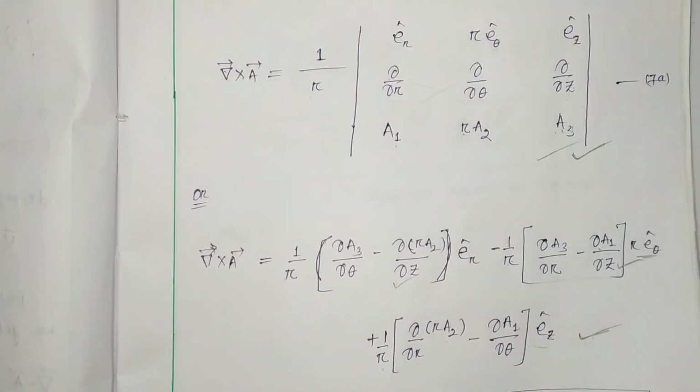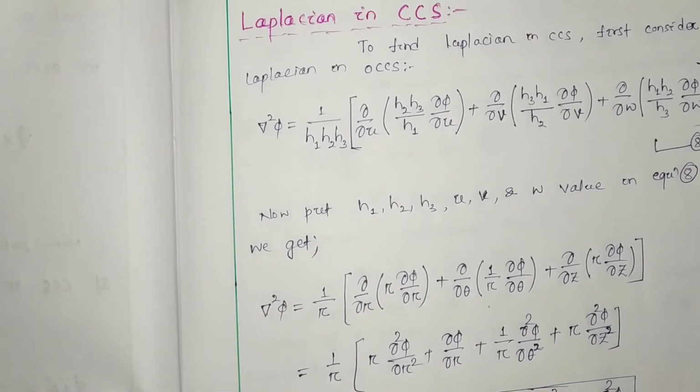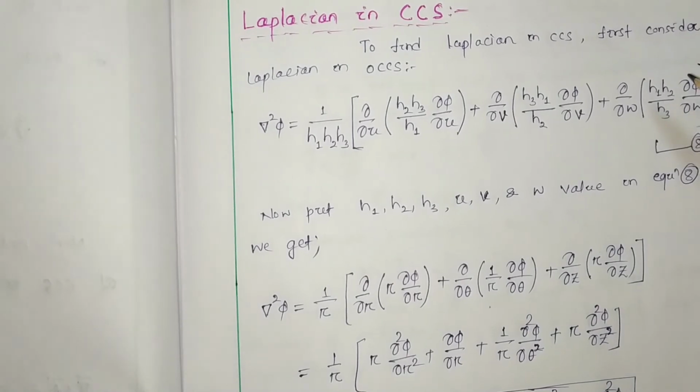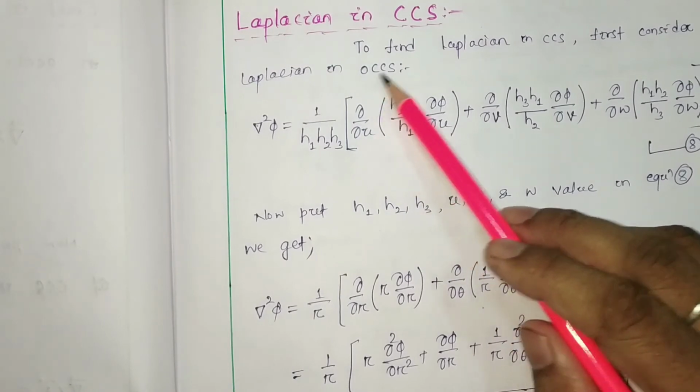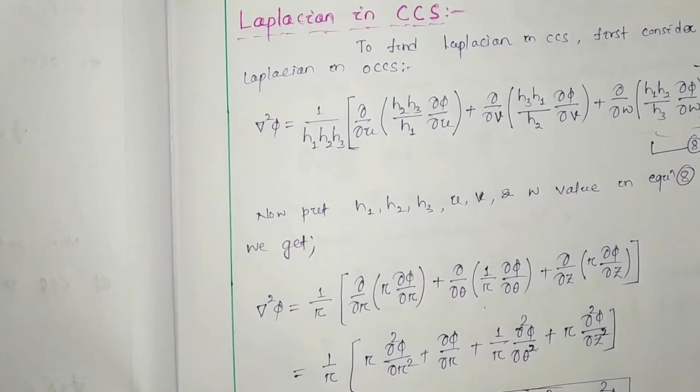Now we are going for the Laplacian in cylindrical coordinate system. To find it, first we consider the Laplacian of a scalar function phi in OCCS, which is equation number 8.